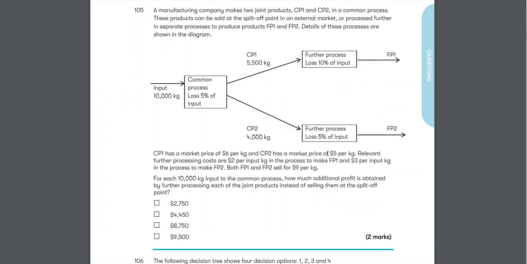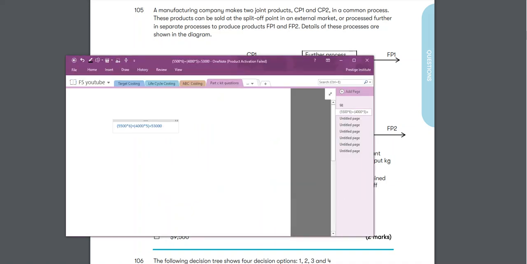If we further process it, we will be able to sell it. I will ignore the cost for now. Both FP1 and FP2 can be sold for 9.